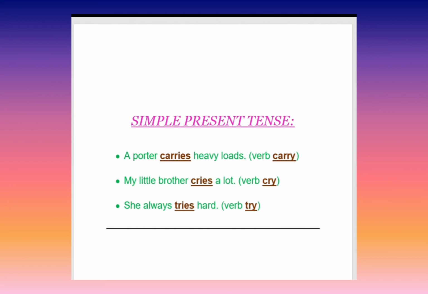For example, a porter carries heavy loads. The verb is carry here. Then my little brother cries a lot. The verb is cry here. She always tries hard. The verb in this sentence is try.